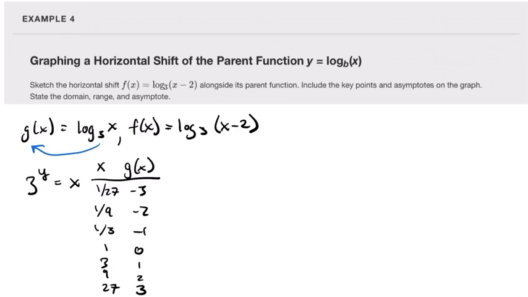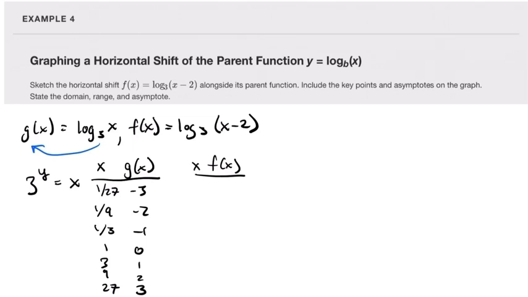So then when we want to graph x versus f of x, if we're subtracting 2 inside the base function, that's going to affect our x values. So that should move it to the right.